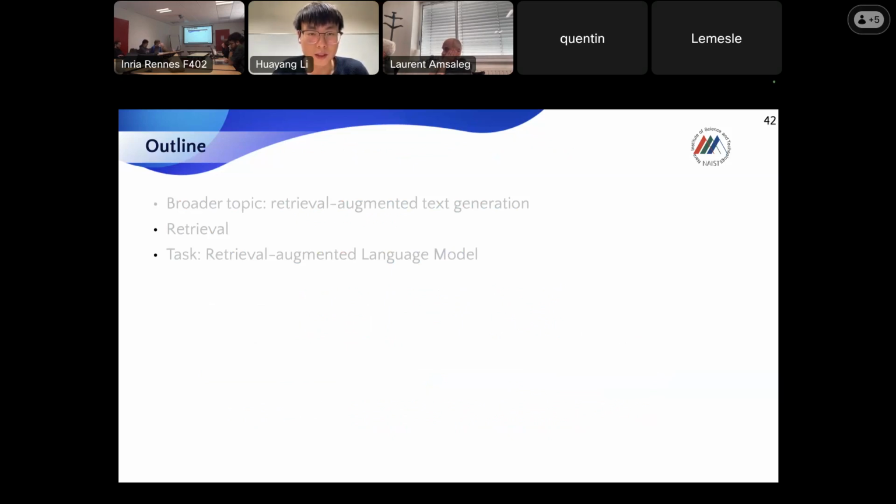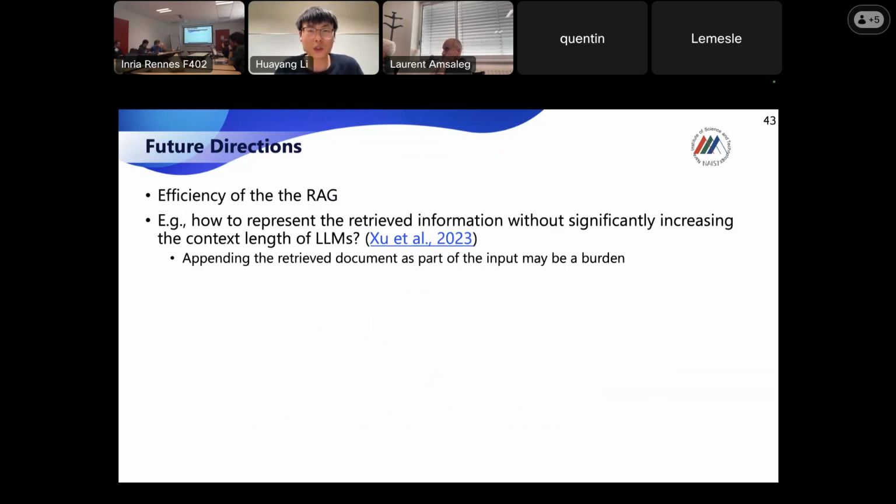I shared today. And here are some future directions about retrieval-augmented generation. One part is about the efficiency of the RAG. For example, in the standard retrieval-augmented generation method, after we retrieve some documents, we will append those documents to the input prompt, and doing this will increase the input length.